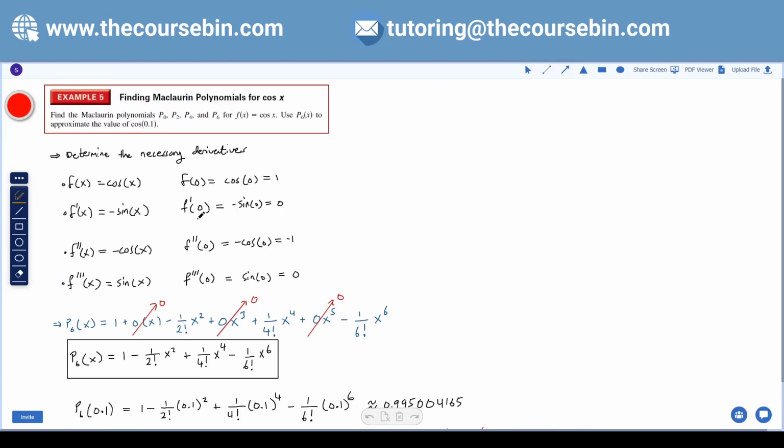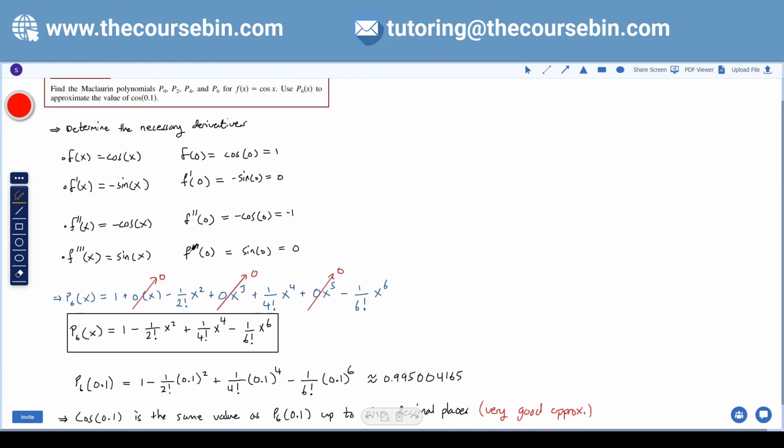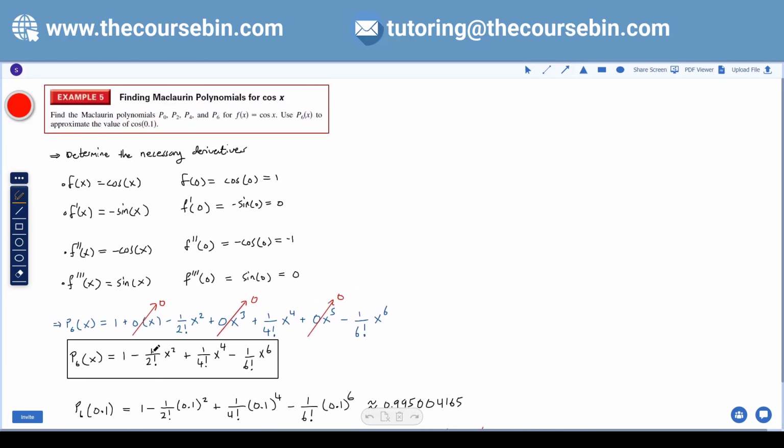Okay, so just as a quick recap, our example wanted us to find the Maclaurin polynomials P0, P2, P4, and P6. We kind of skipped the P0, P2, P4 part, but from our results here, you can see clearly what they would be.